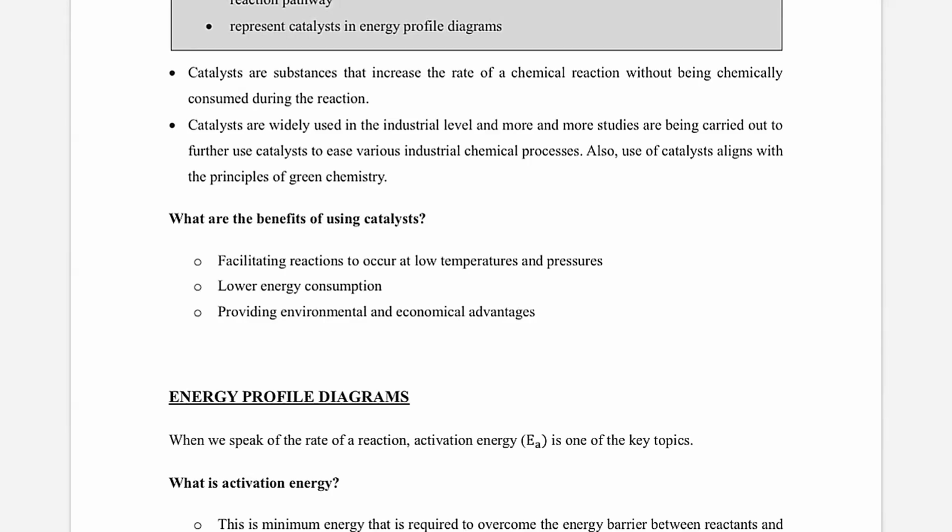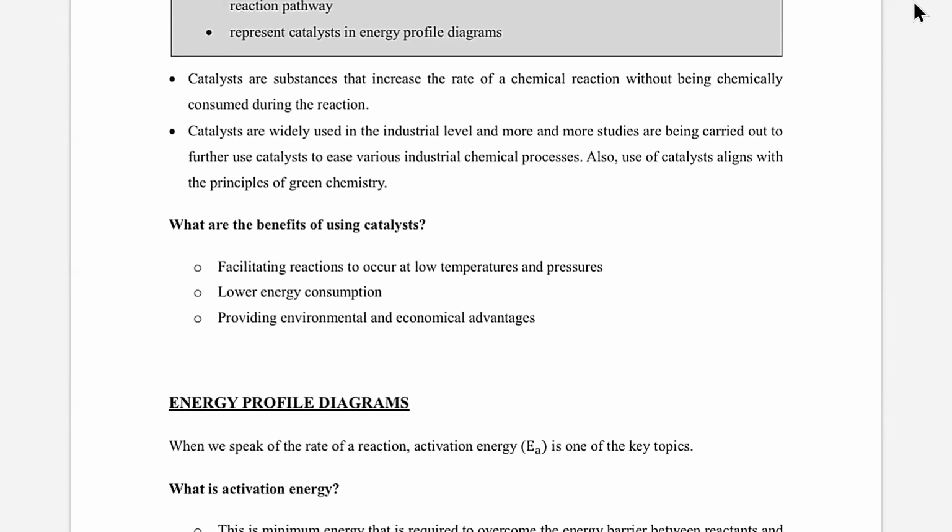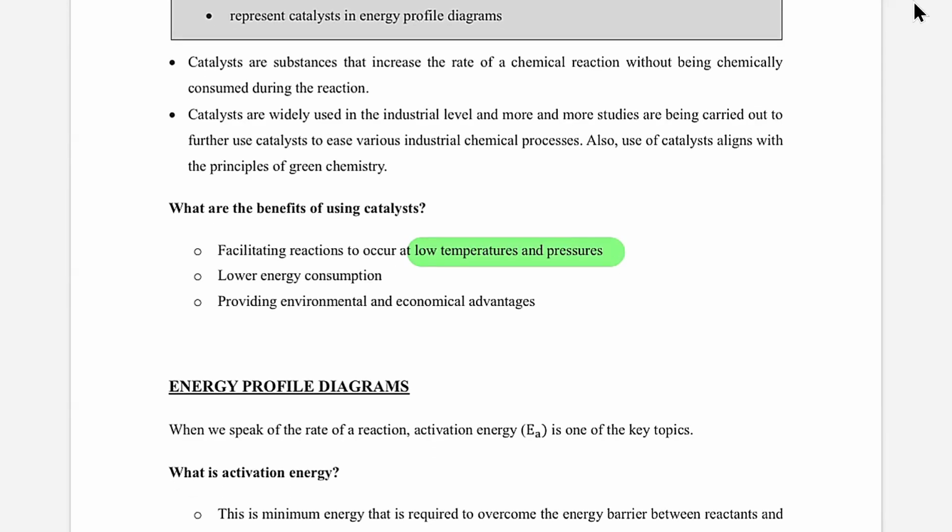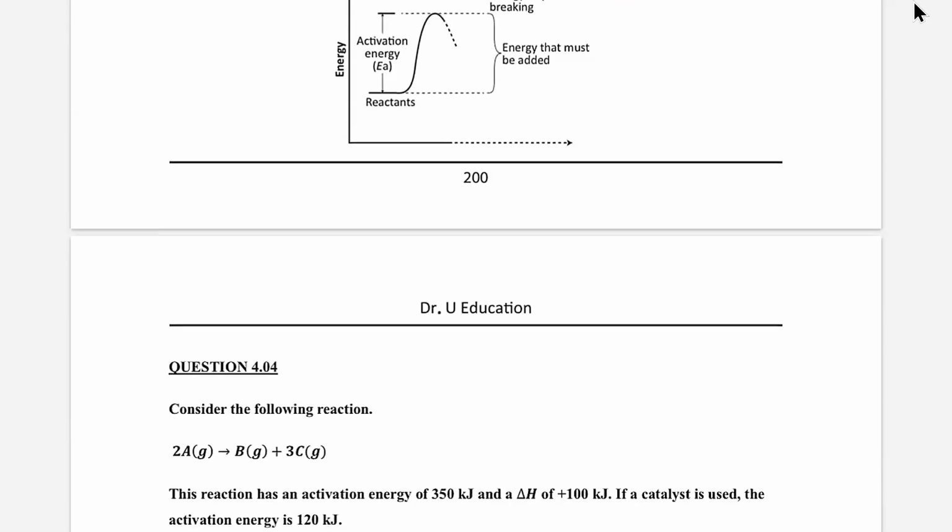Facilitating reactions to occur at low temperature and pressure, because you have to understand that at low temperature and pressure, reaction rate is low. So you introduce a catalyst to get that done, right? And low energy consumption, providing environmental and economical advantages. Okay, so that we can discuss.